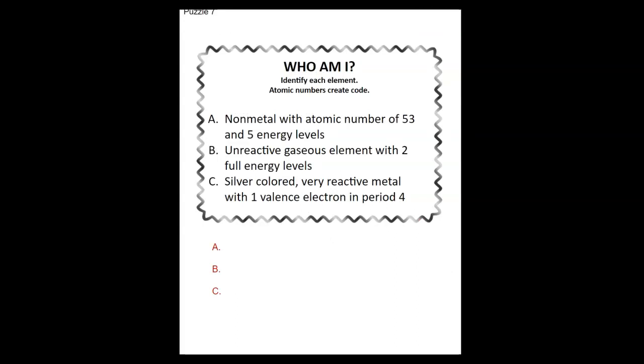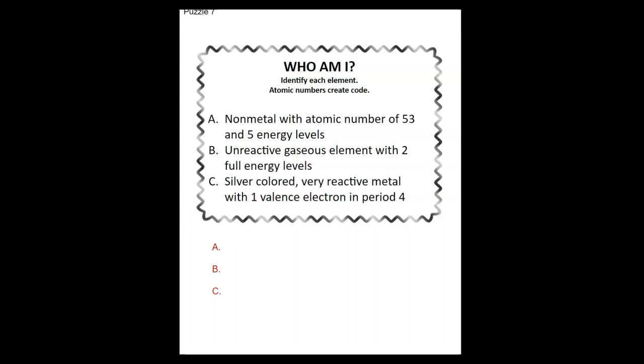Okay, so this puzzle. You are going to look at the periodic table and try to figure out the identity of the 3 elements. The first one gives you the atomic number. The second one tells you that there are 2 full energy levels. So that's talking about valence shells.